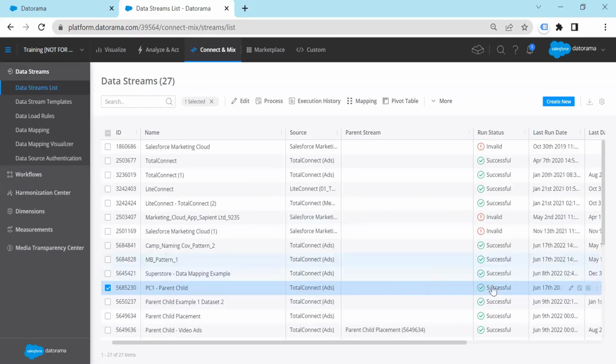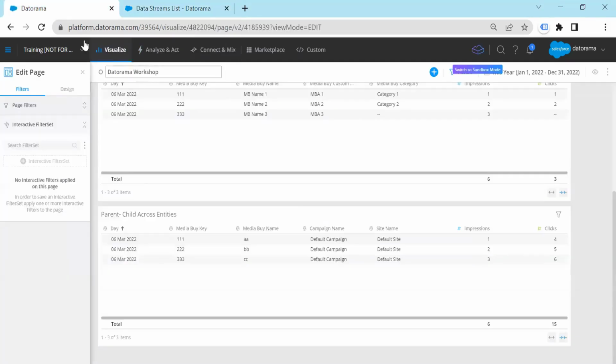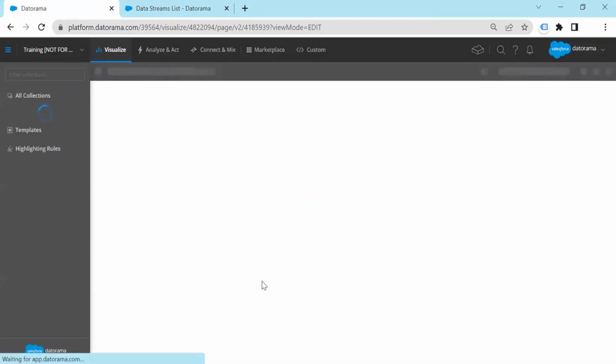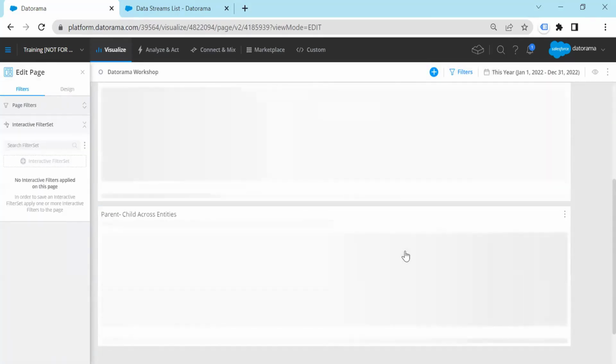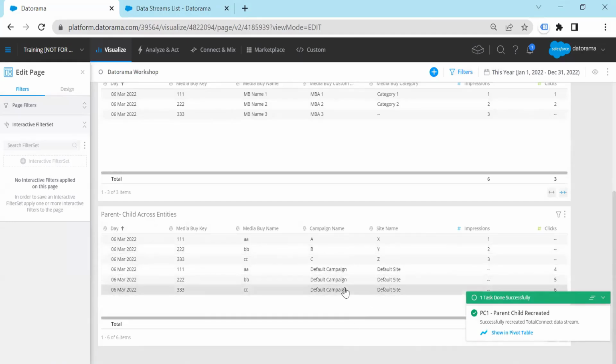Cool. It's successful now. If you see, once it's done, you will be back to the original shape of the data. And then we will rectify. Okay, we are back to the original form.